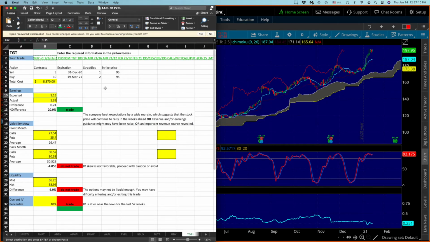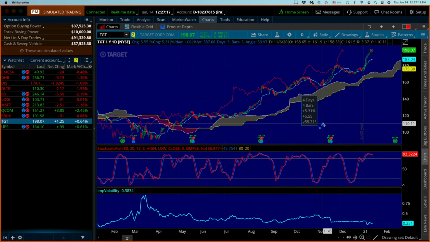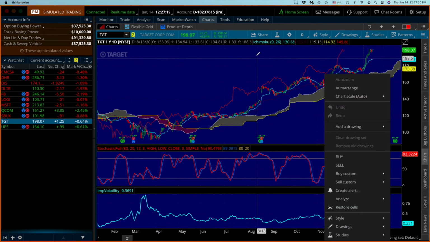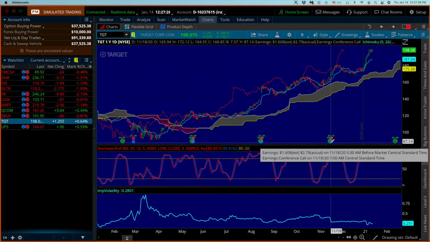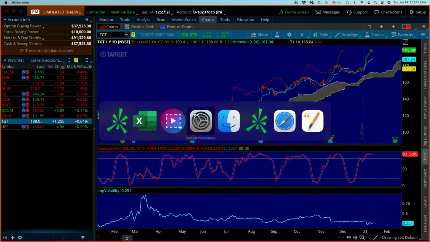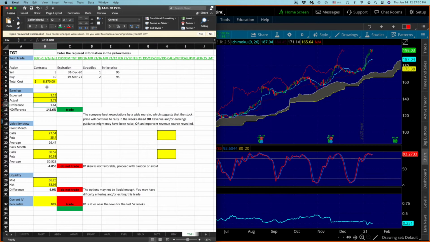The actual is 2.79 and the estimate was 1.608. So yeah, that would have been a stock to trade. It may still be a good stock to trade.